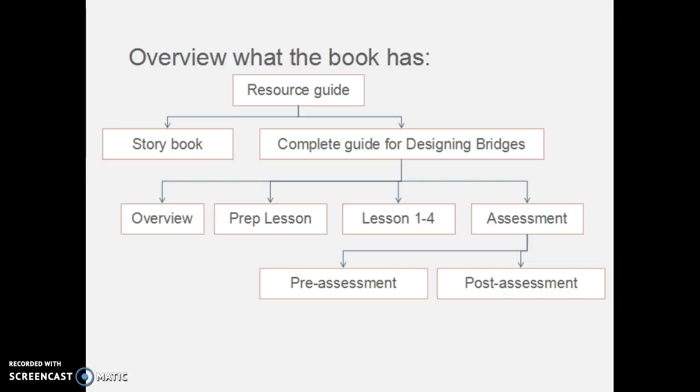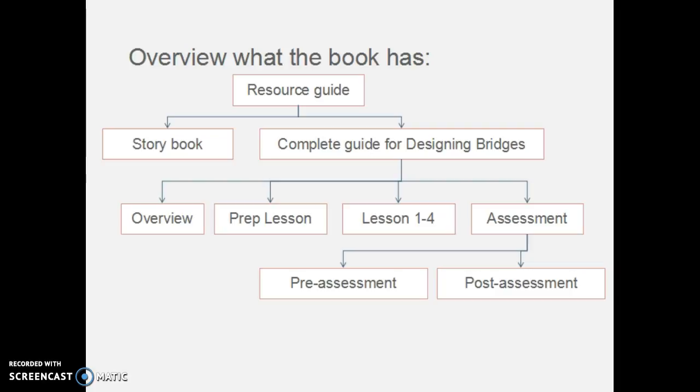Lesson 3 is about understanding bridges. This gives kids activities on how to understand what a bridge is, how bridges are used, and whether they have been to any bridges before. It has the same structure as lessons 1 and 2: a brief introduction, what they are going to do, assessment, and answer keys.